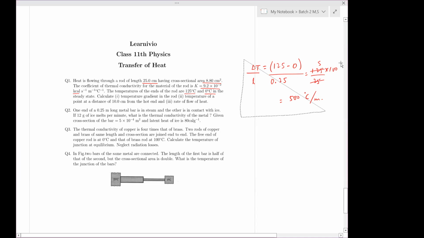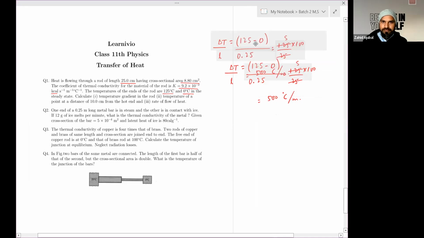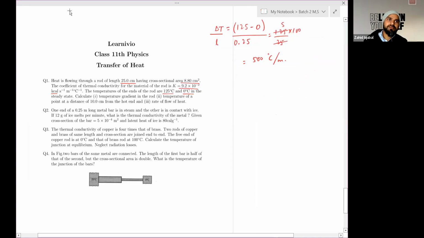Okay. The second part is the temperature of a point at a distance of 10 centimeter from the hot end. Suppose you have a rod of length 25 centimeter, in which this end has temperature 125 degrees Celsius and this end has 0 degrees Celsius, and the total length is 25 centimeter from this point to this point.